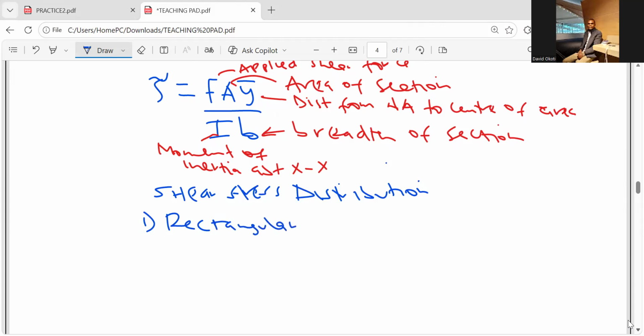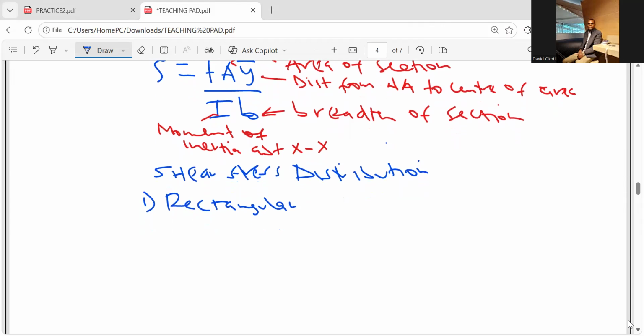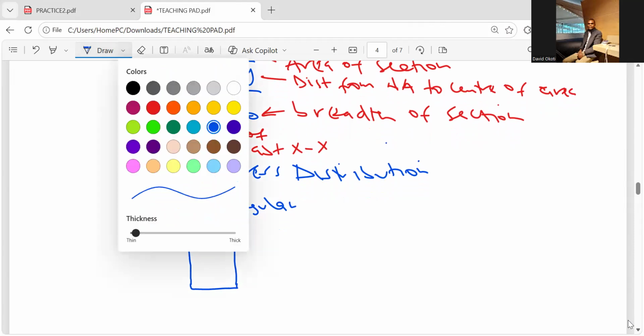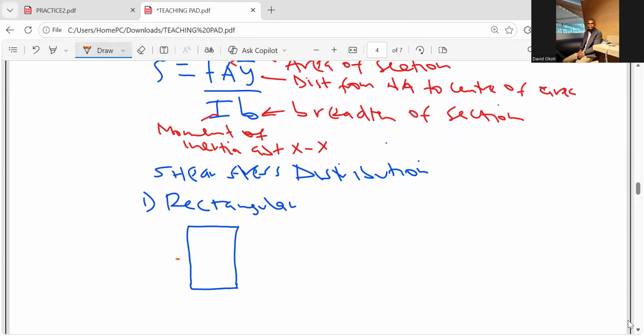One, we start with the rectangular section. What happens for a rectangular section is that the neutral axis will occur at the geometric center of our section. If I have my rectangular section here, and remember, for a beam, the vertical dimension should be higher than the horizontal, because the moment of inertia I, which is one of the important parameters of the beam, is normally highest when D is greater than B. So my neutral axis will be at the center.